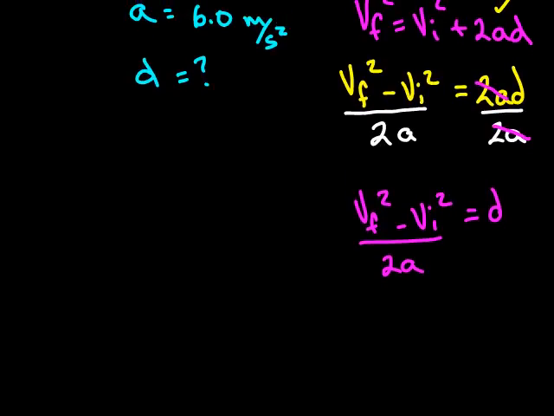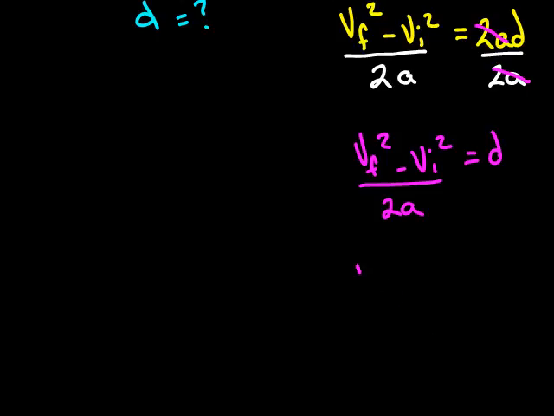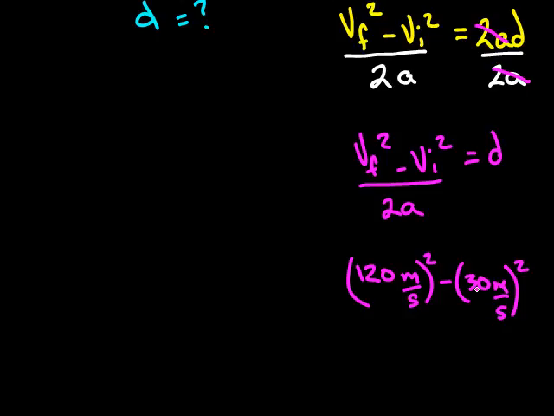All right, so our values here are 120 and 30, so we've got 120 meters per second, and we're going to square that, minus 30 meters per second. We're going to square that, and all divided by 2 times 6.0 meters per second squared, because that's the units for acceleration.